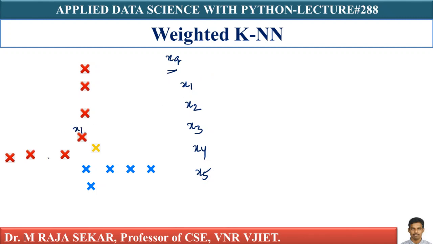As I told you, the red point has a negative sign. x2 is again a red point, negative sign. x3 is a blue point, positive sign. x4 blue point, positive sign. x5 blue point, positive sign.